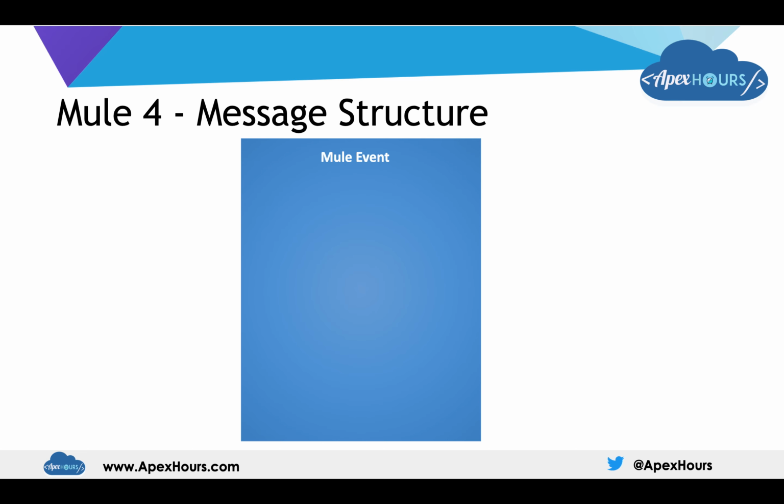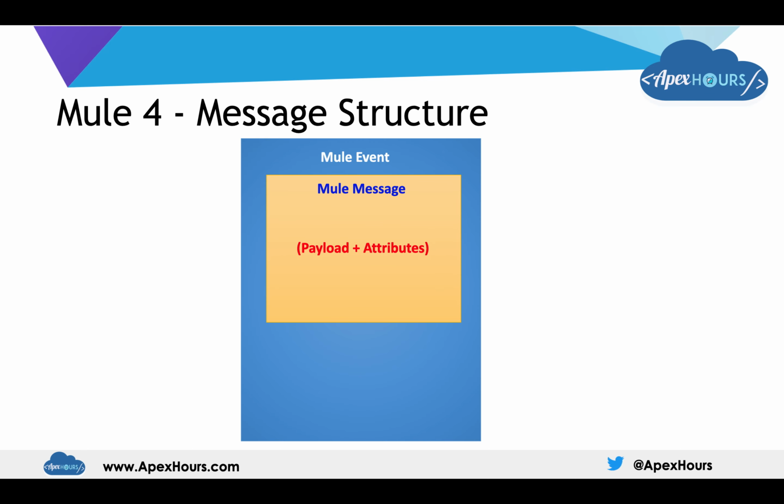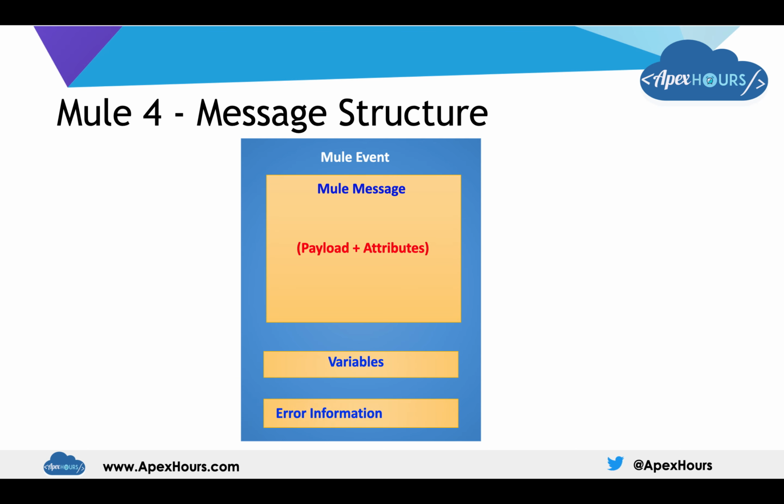That information, whatever we have, we call it a Mule event. Consider the Mule event as the top of the hierarchy. What does a Mule event contain? A Mule event contains a Mule message, which is nothing but payload plus attributes, and variables, and if any error occurs within the application, we have error information.